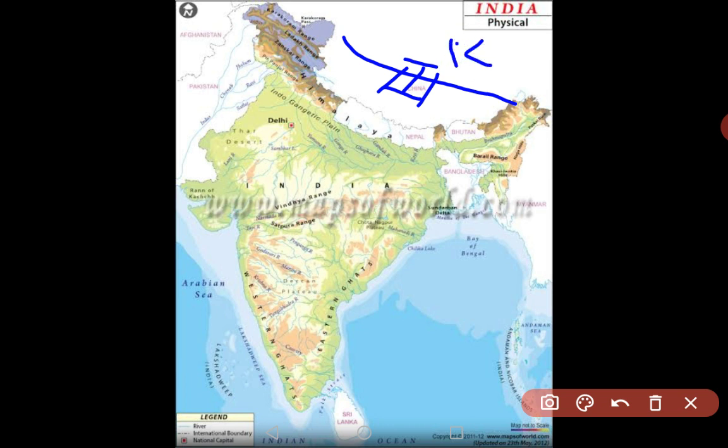The area which is near the river bank, where the alluvial soil is renewed every year by the floods, is known as the Khadar area, and the area which is away from the rivers is known as the Bhangar area. So students, we have seen the divisions of the northern plains based on the relief features.